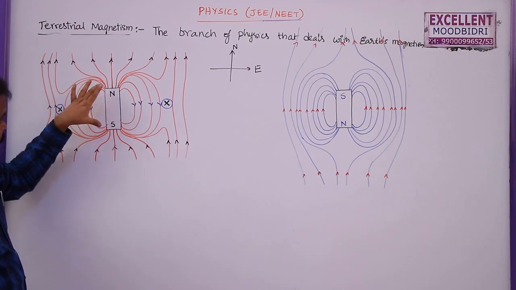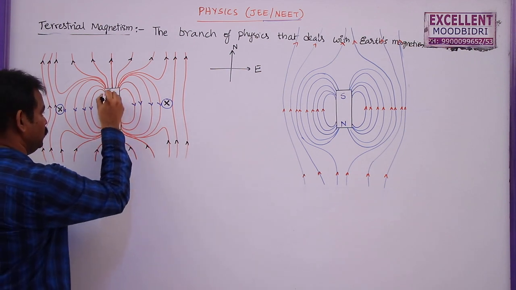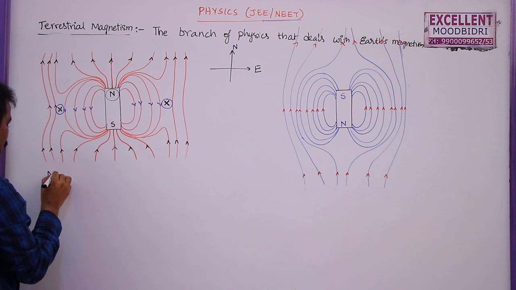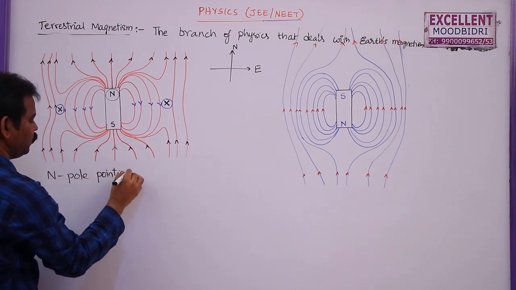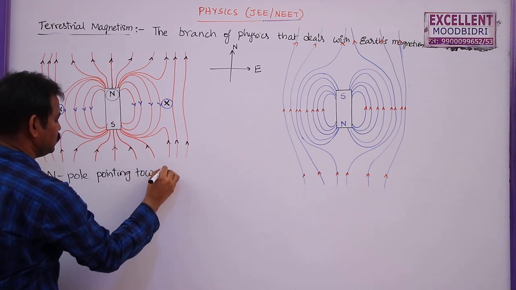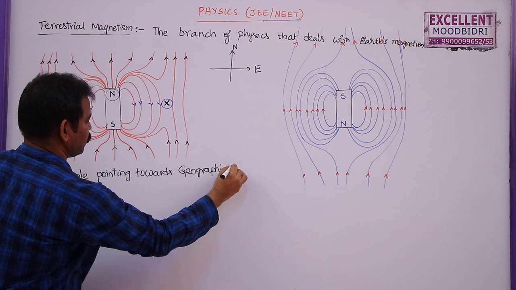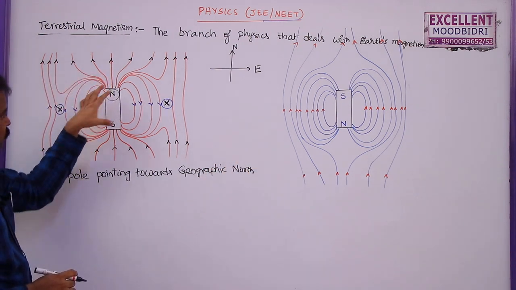Here, when a bar magnet is placed on the surface of Earth such that its north pole is pointing towards geographic north, the field lines will be as shown in this diagram.